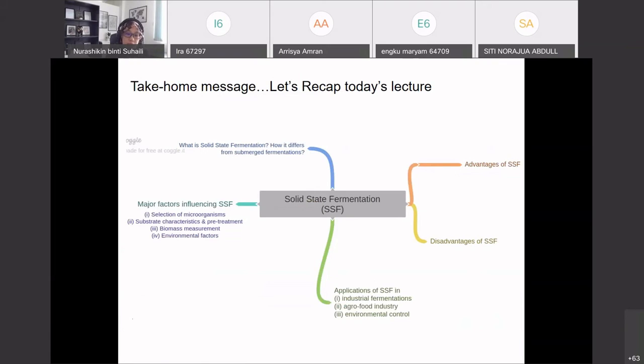What are the environmental factors that influence the solid state fermentation? And then what are the advantages of SSF, disadvantages of SSF, and what are the applications of SSF in various industries, the products of SSF and so on.